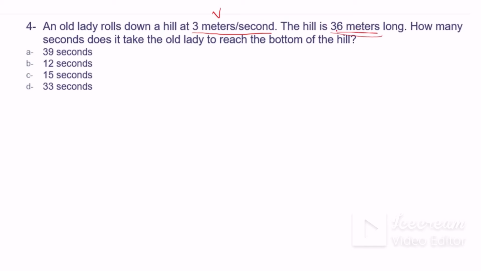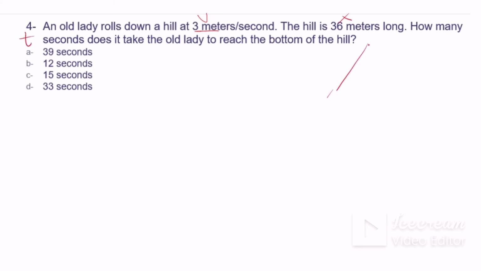Now he asks how many seconds the old lady needs, so he wants the time. These are the givens: that is v and that is x, and he wants t here, guys.